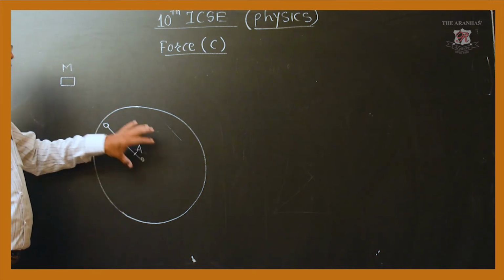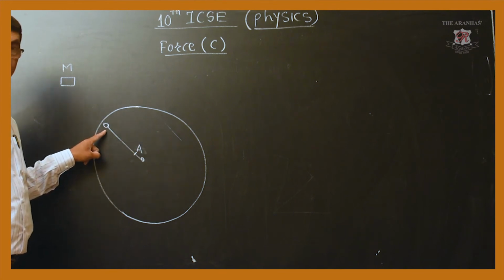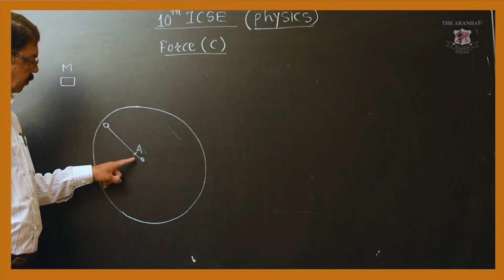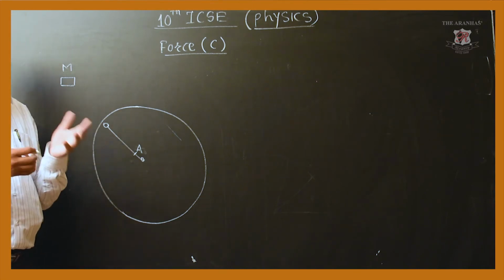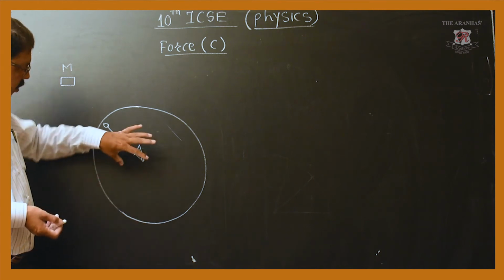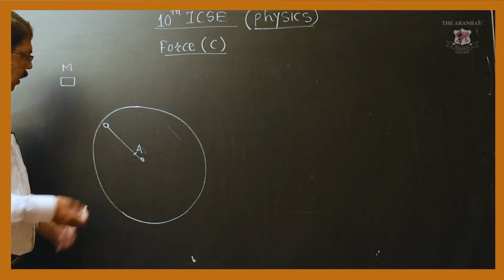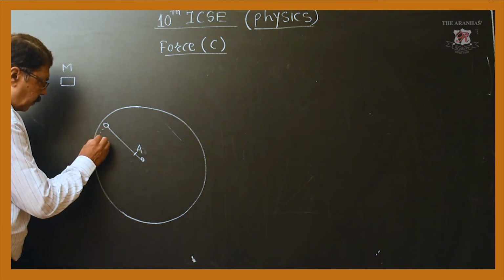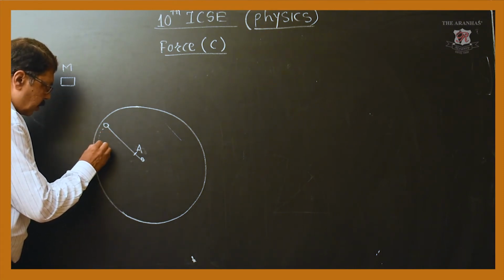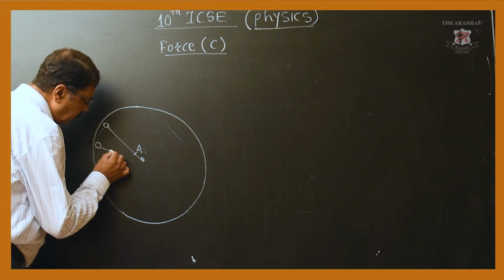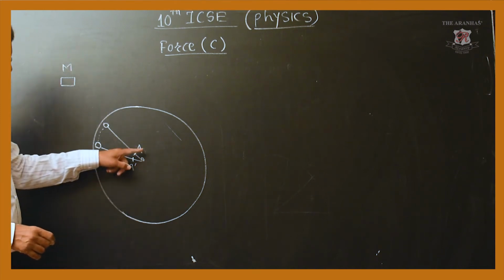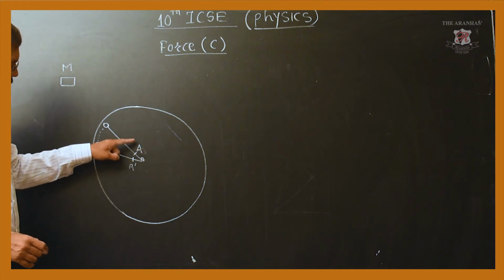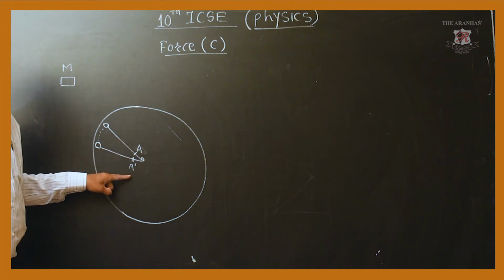Now, initially this is at rest. This particle will be seen at rest by this person as well as this person because the particle is not moving in any direction. Now, slowly the table is rotated. What will happen? After some time, the particle will reach here. By that time, the person which I am labeling as A dash has moved from A to A dash.